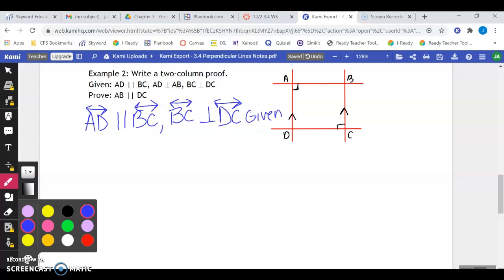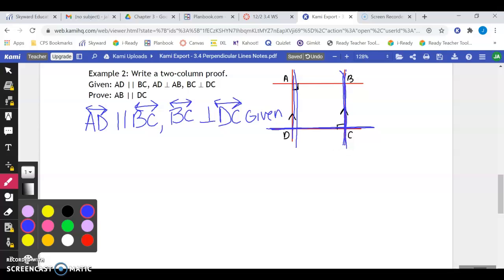And from that, because this line and this line are parallel, and then this line and this line are perpendicular, we can also say that AD is perpendicular to BC because we were given these two are parallel.